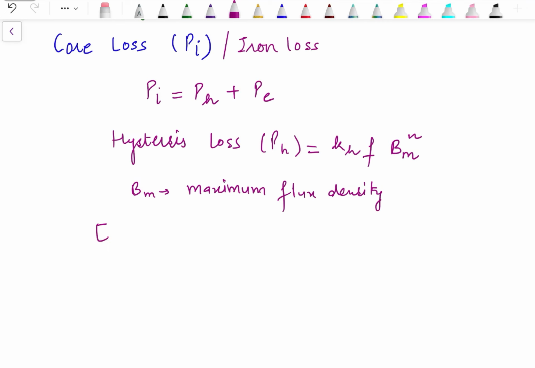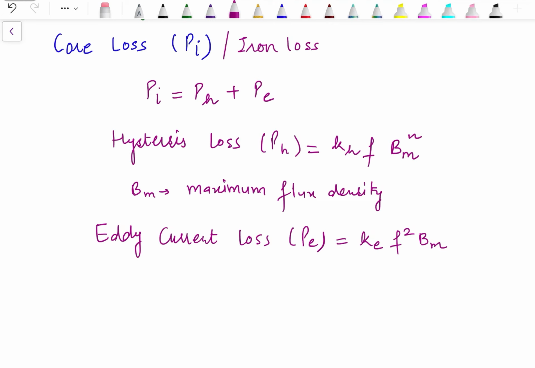Eddy current loss, which is denoted by Pe, is given by Ke f^2 Bm^2.